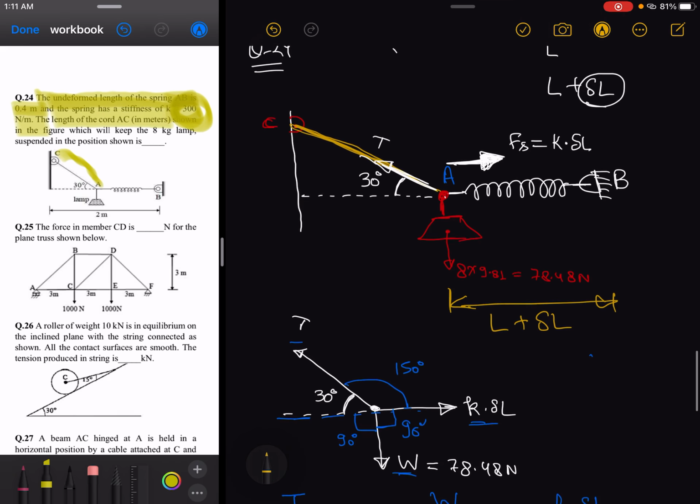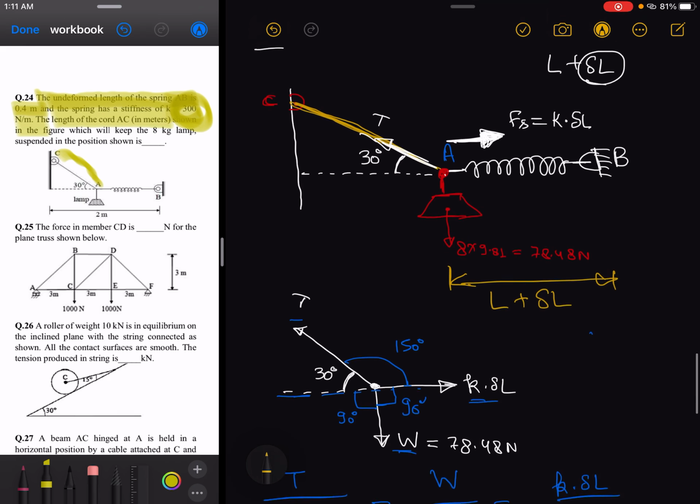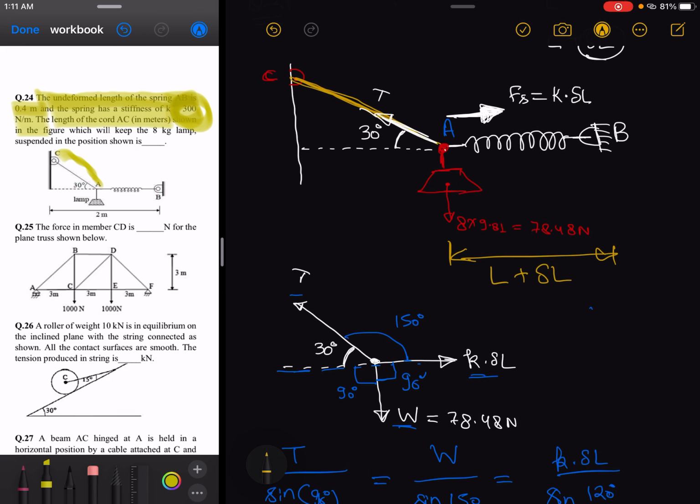Clear? Now in the question, the distance between these two points is given to be 2 meter. So if you subtract L plus delta L from this 2, you get this distance.